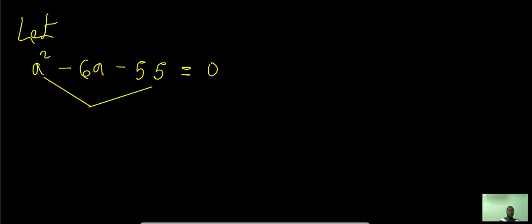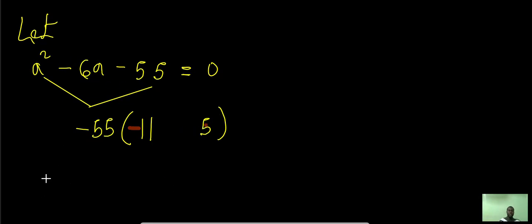So quickly, we have the product is negative 55. That's 11 times 5. 11 times 5 gives 55. Then I need negative 6 in the middle. So I can have 5, let me put minus here, 5 minus 11, that's minus 6. 5 times minus 11 is minus 55.